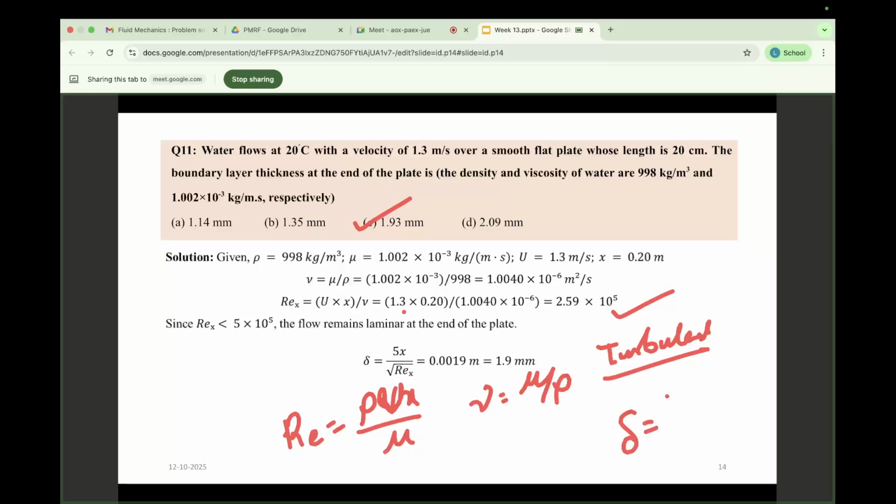That formula is 0.37 x Re to the power minus 1 by 5. There are so many formulas for this one, but this is the most commonly used formula for turbulent flow. That means the Reynolds number should be greater than 5 into 10 to the power 5.